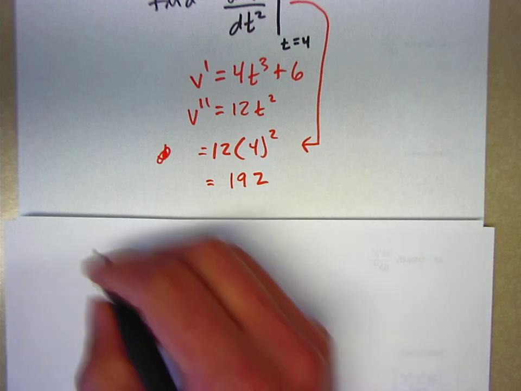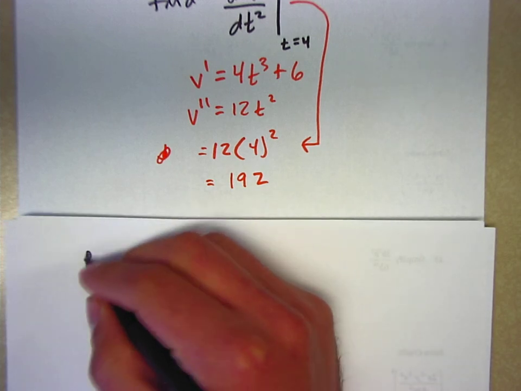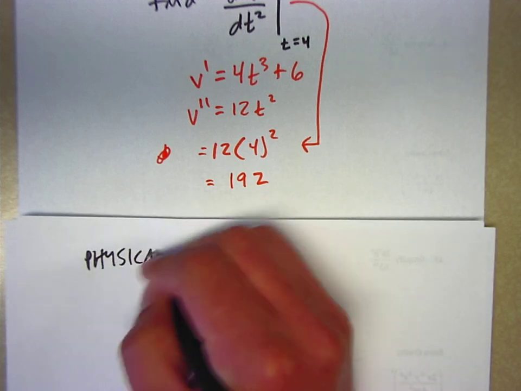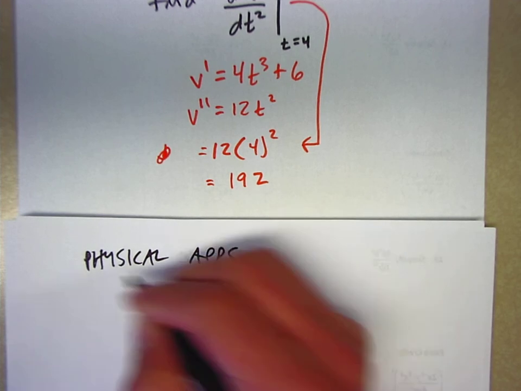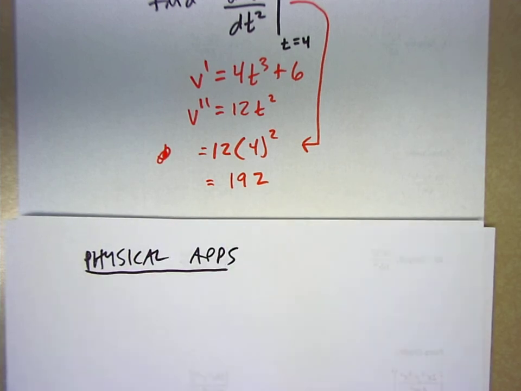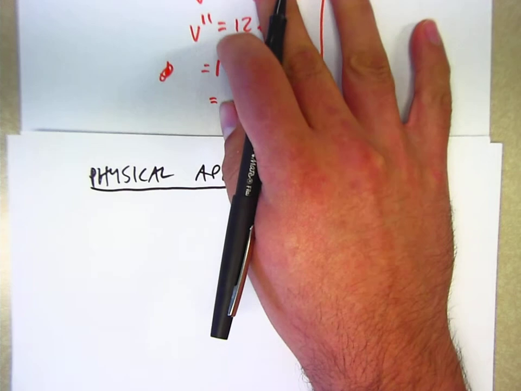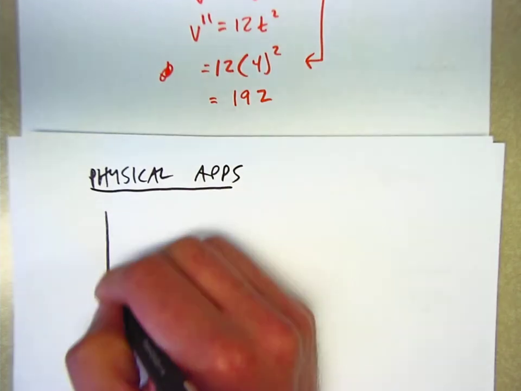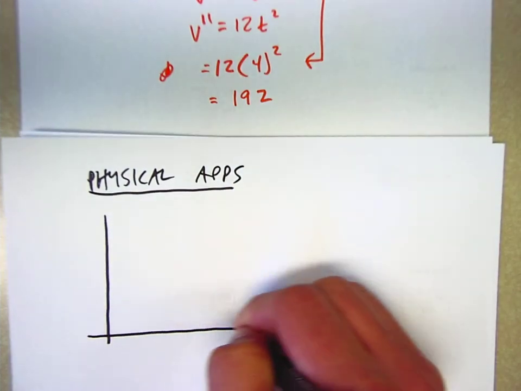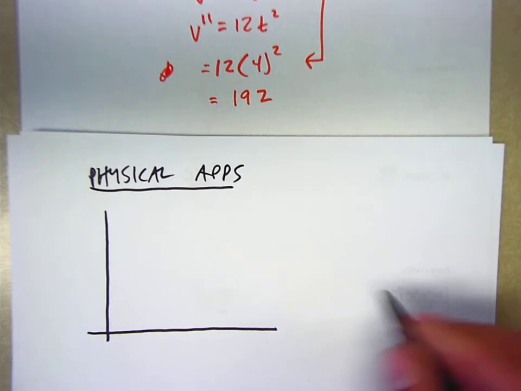Now let's step it up to physics applications. So how does this all relate to something like this? Let's say I give you a position versus time graph.